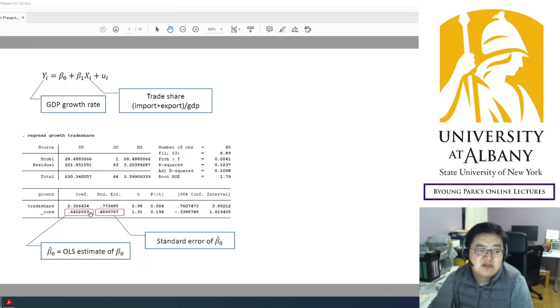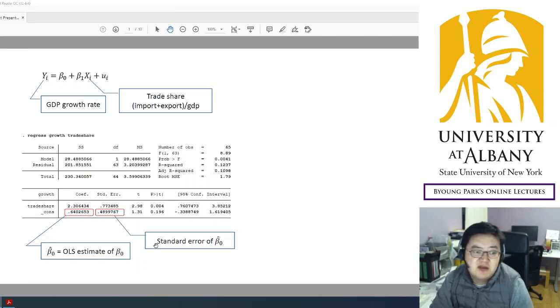So the intercept is attached to the constant term, and its standard error is calculated this way. We discussed what the standard error looks like in the sampling distribution of beta.